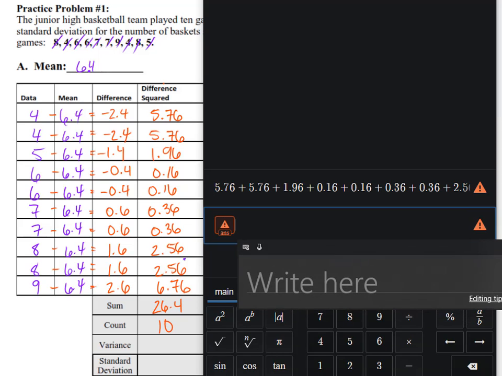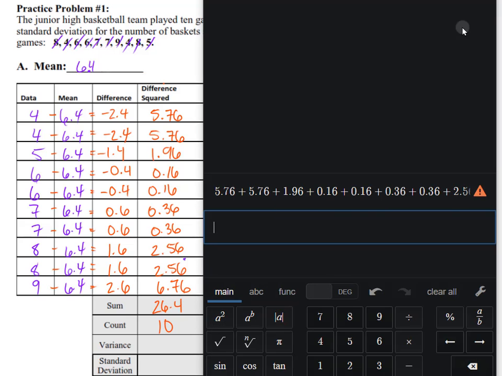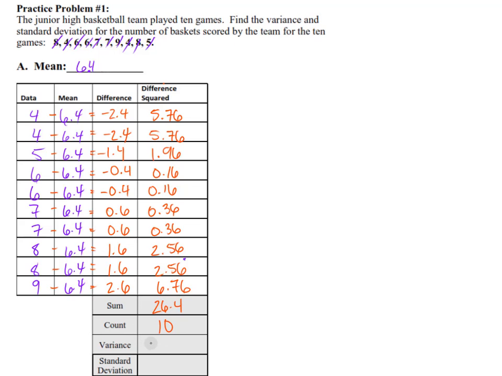Take our answer and divide it by 10. I don't know, it doesn't like what I'm doing, I guess. Ooh, okay, really doesn't like it. 26.4. I know I don't need to do this in the calculator either. I'm just doing this for show. Divide by 10 gives us 2.64. And that is the variance of our numbers. Okay, on average, how much they vary.